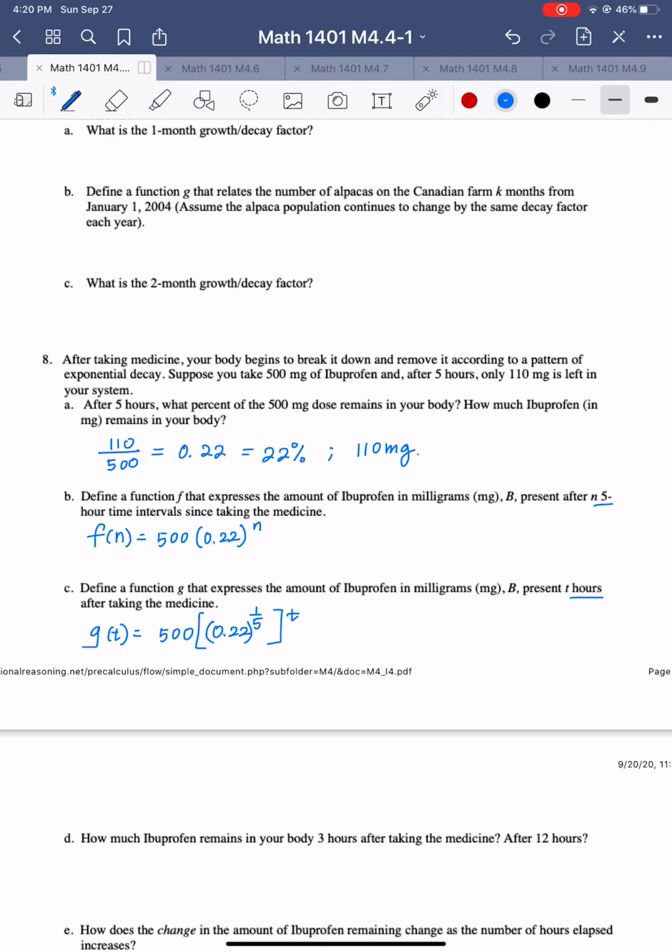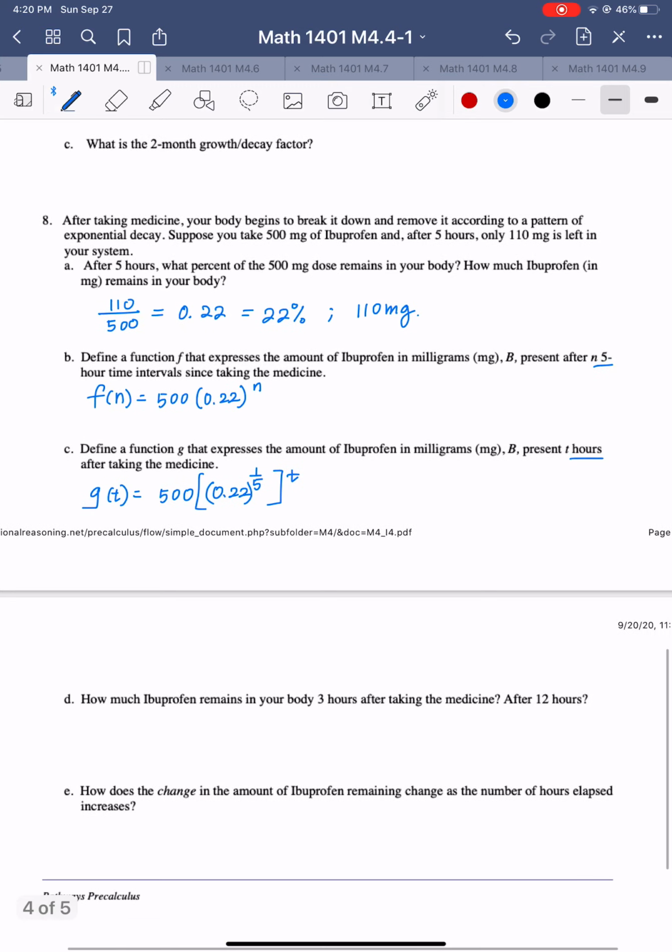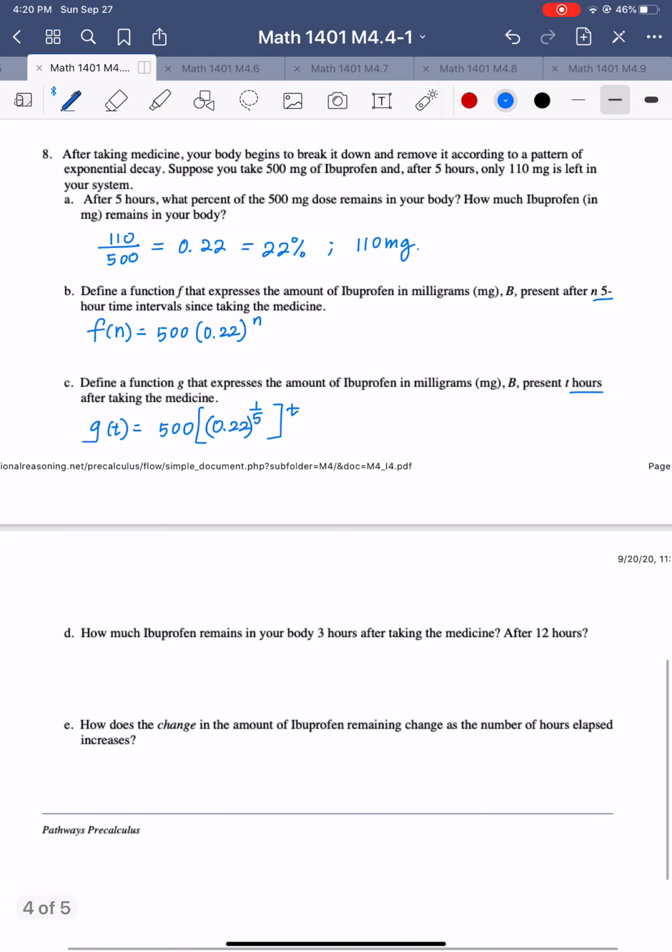Okay, and then once you got C, D is how much ibuprofen remains in your body 3 hours after taking. So very nice to have it. Okay, so you can just have g of 3, which is 500 times 0.22 to the 1/5 to the third power, which is about 201.569 milligrams that stays in the body.